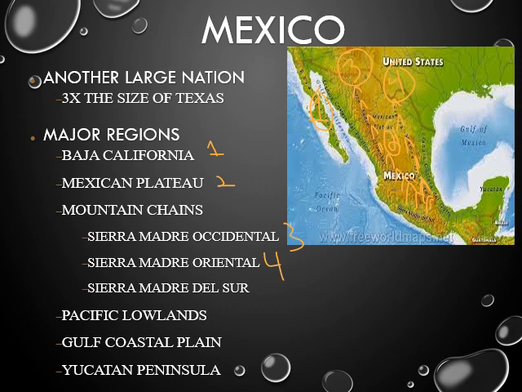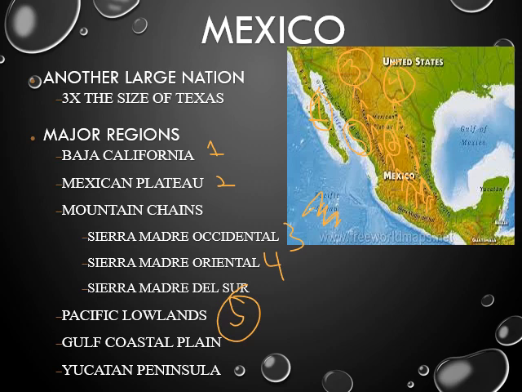One of them is the Pacific Lowlands. The Pacific Lowlands are obviously going to be out here by the Pacific Ocean, which is over here. The Pacific Lowlands is this green area right on the edge of the Pacific Ocean, to the west of the Sierra Madre Occidental, and right by the ocean there.